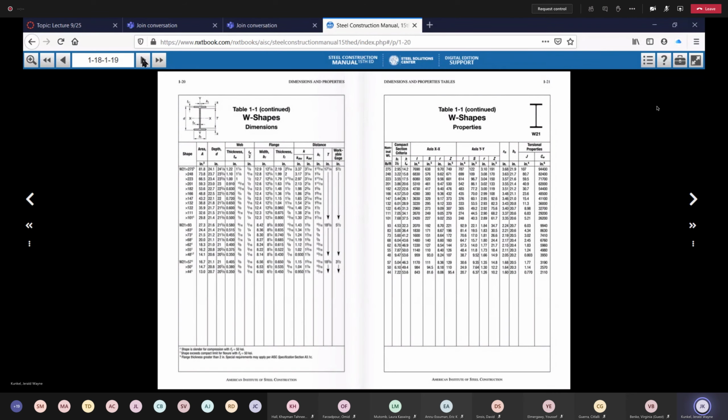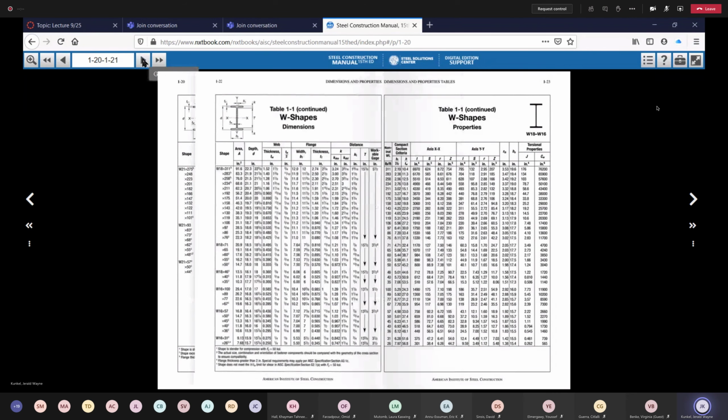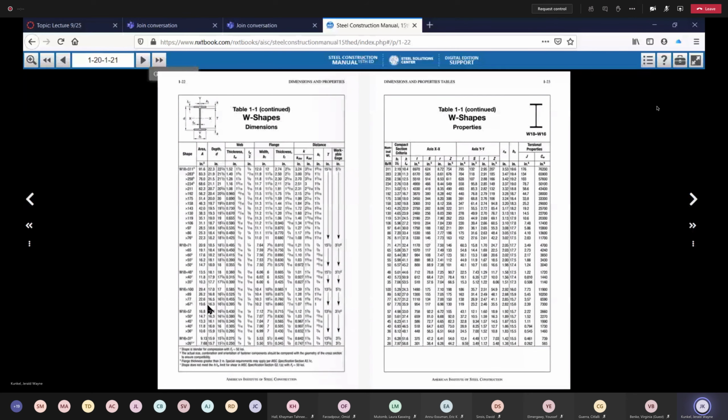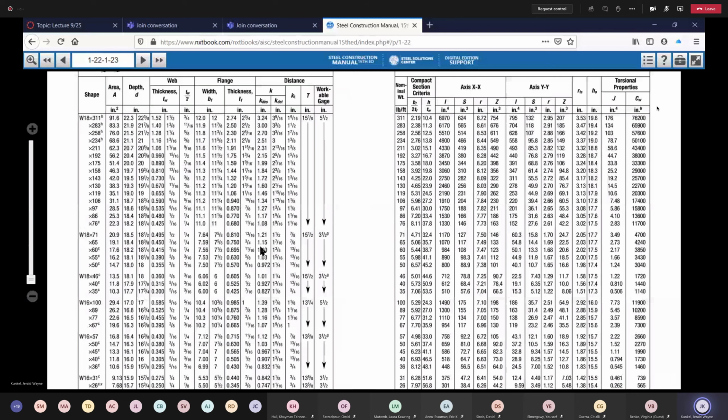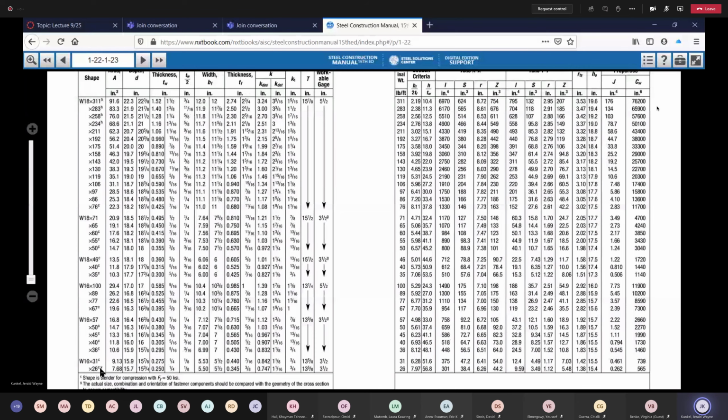The 21s. Now we're looking for a member that's only 5 square inches. So here we can go to this member down at the bottom. The member down at the bottom is a W16 by 26, and it has an area of 7.68 square inches. So we're getting closer, all right? And we want the lightest section that would be 5.78 square inches.